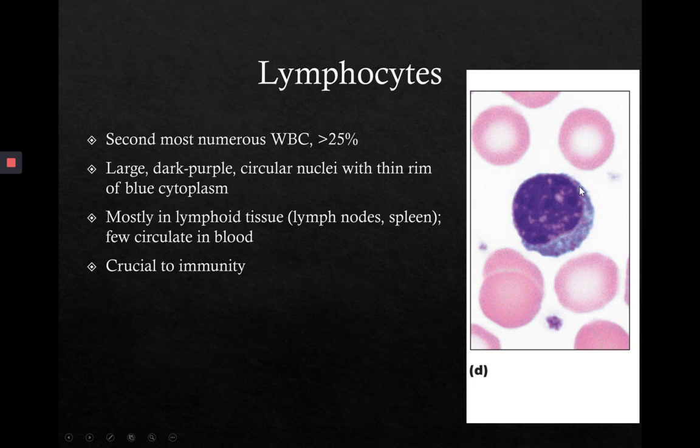So you'll probably only see a really thin ring of cytoplasm that looks like a crescent moon. You would find lymphocytes mainly in lymphoid tissue, like your lymph nodes and your spleen, very few in your blood. And lymphocytes are basically a precursor to T and B cells, which are very crucial to your immune system.